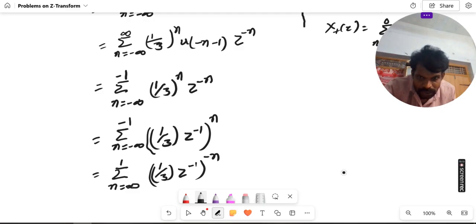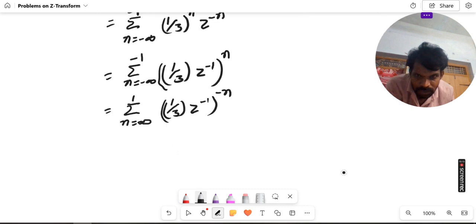Now let us interchange the limits of the summation. By interchanging the limits of the summation, what we will get?